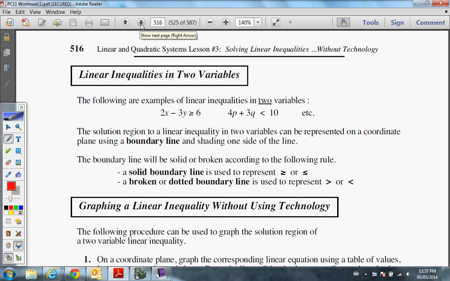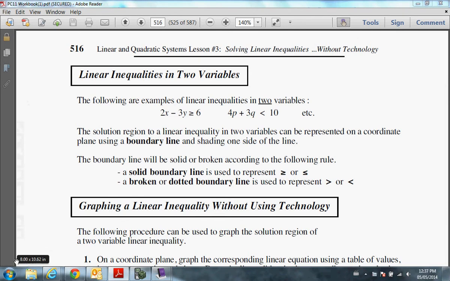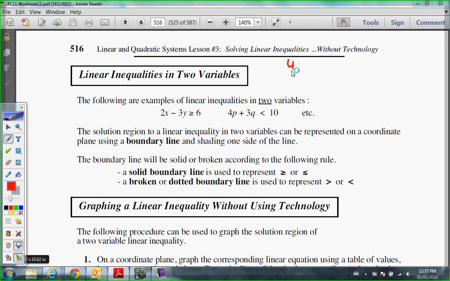Understanding that when we get these, we want to solve for y, because we want to stay in slope form, since we want to do graphing of lines.